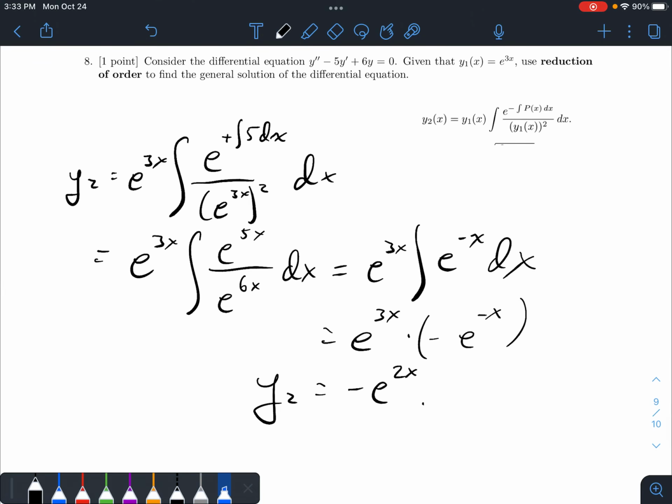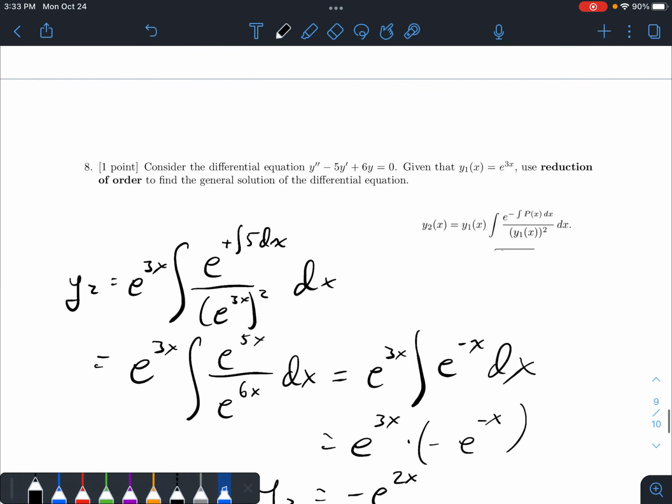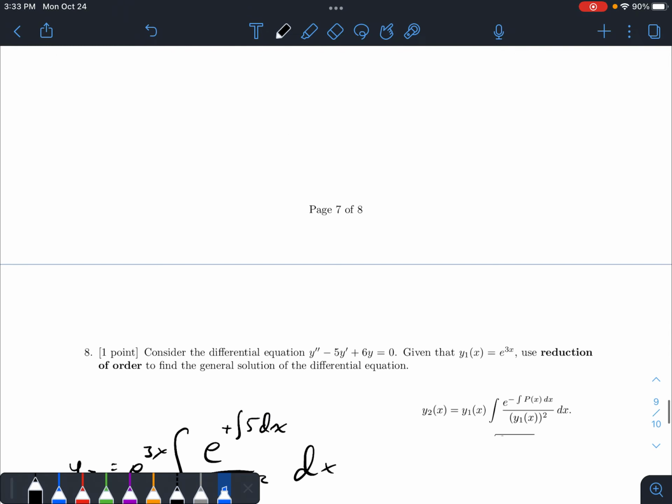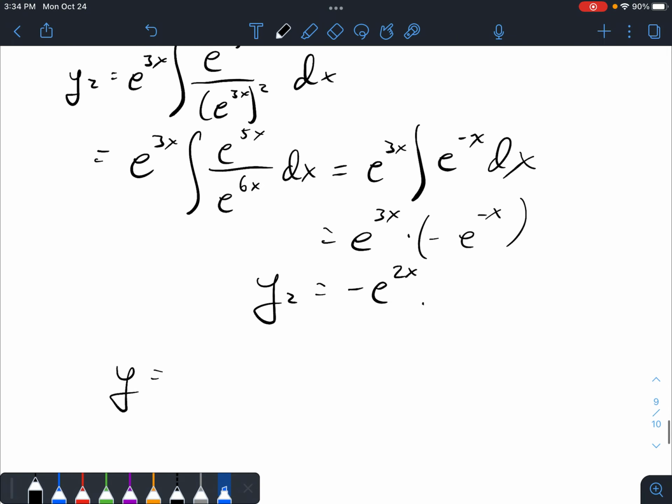All right, so what's our general solution? Oh, did I forget to say the general solution somewhere? No, I think it's fine. Okay, anyway, our general solution is c1y1 plus c2y2.